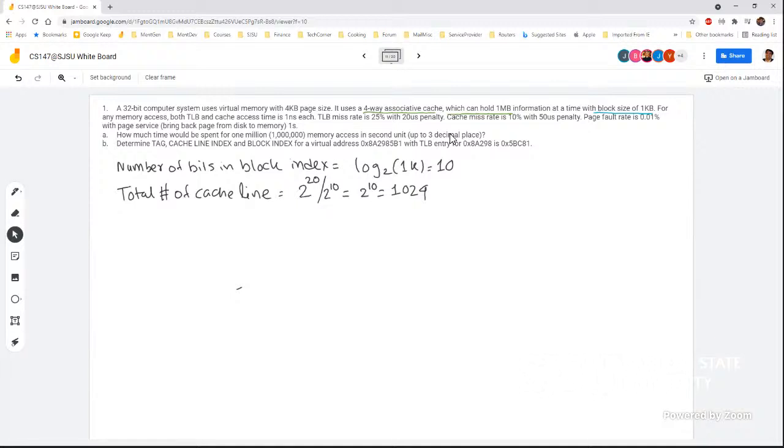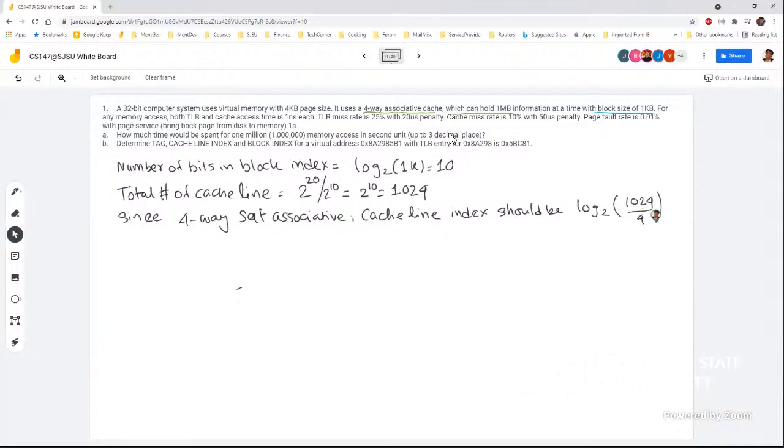Now since it is four-way set associative, the cache line index should be log base 2 of 1024 divided by 4. 1024 divided by 4 is 256, whose log base 2 is 8.